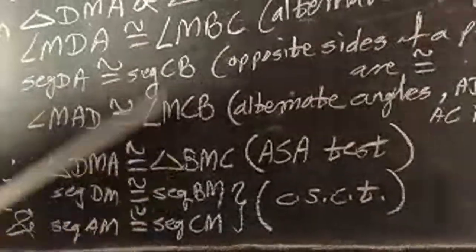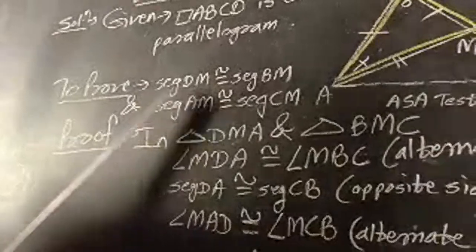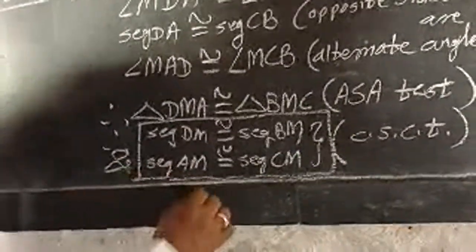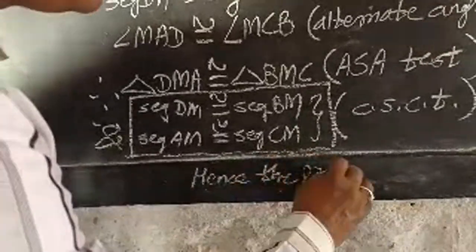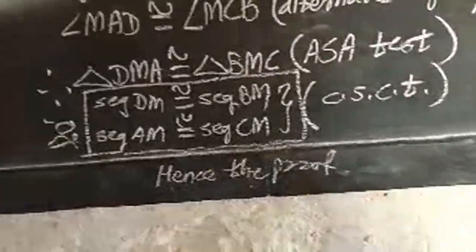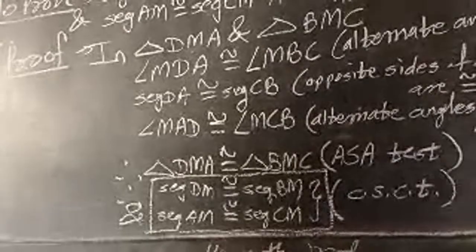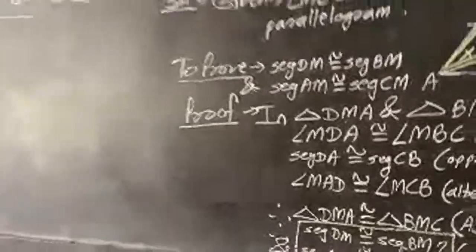And that is what the question asked us to prove. Is it correct? And in this way we can prove this. We write hence proved. This is the method of solution. Is there any difficulty? Write down.